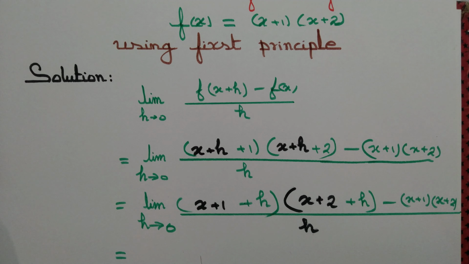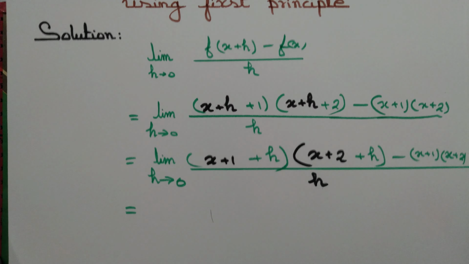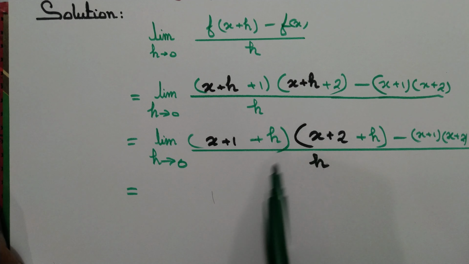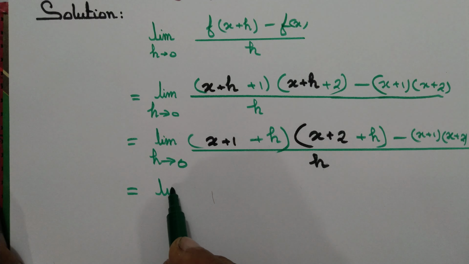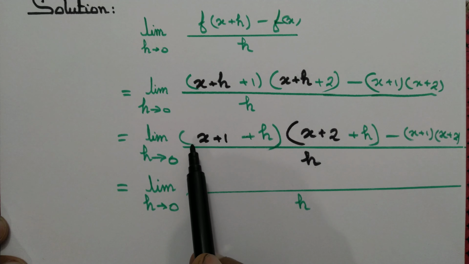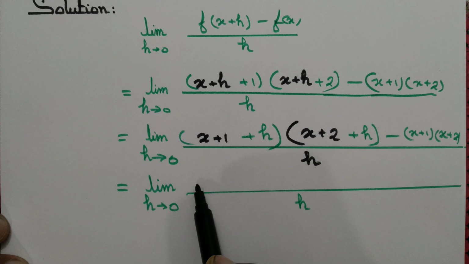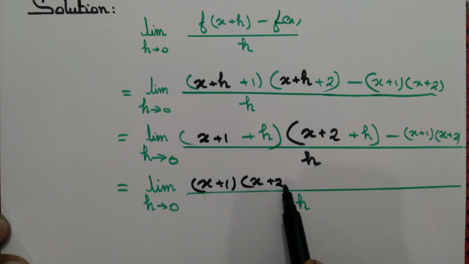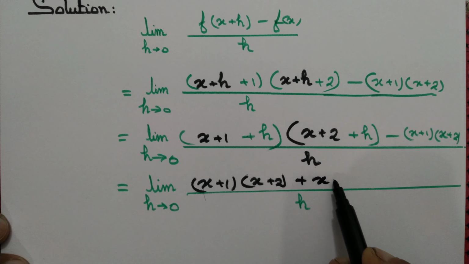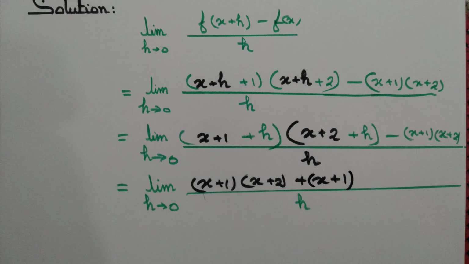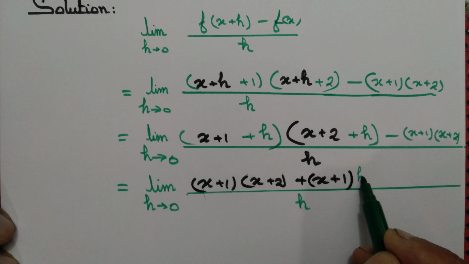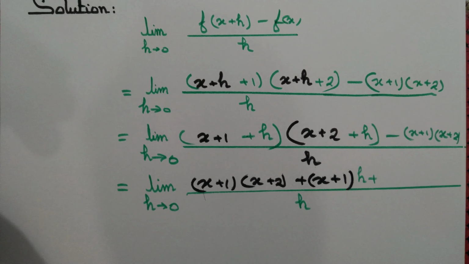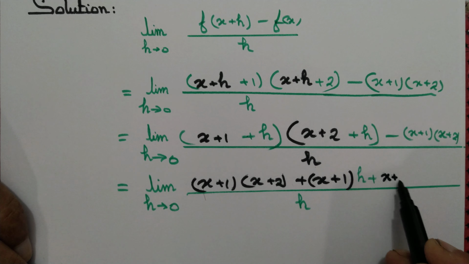Now we apply the distributive law. (x plus 1) times (x plus 2), limit h tends to 0, copied, divided by h, copied. By the distributive law, we obtain (x plus 1)(x plus 2), and then x plus 1 to be multiplied with h, and then x plus 2 to be multiplied with h.